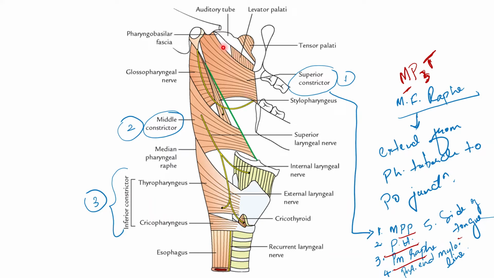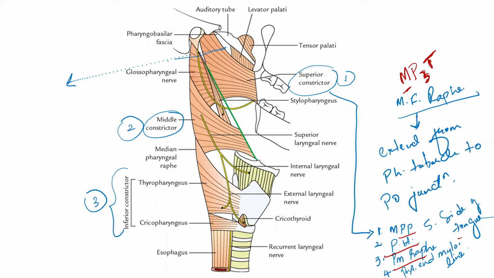This is the space which we can see here. We can just make out the space over here, between the uppermost margin of the superior constrictor muscle as well as the base of the skull.